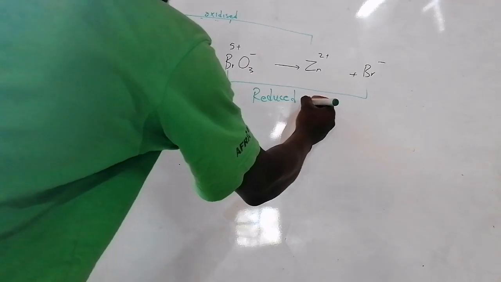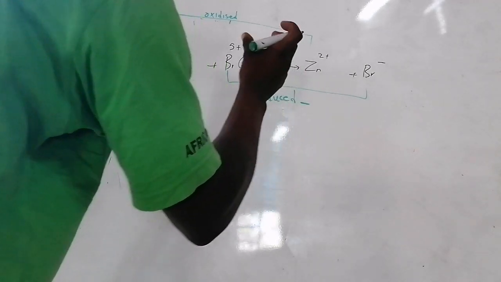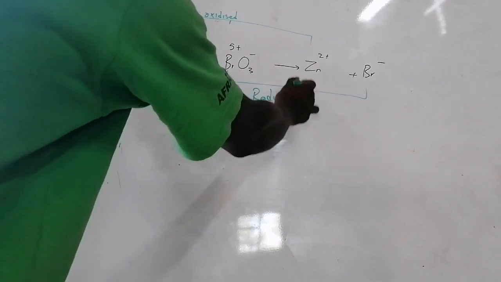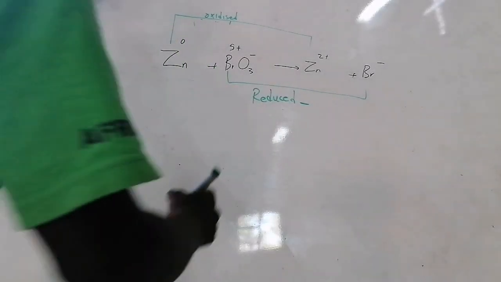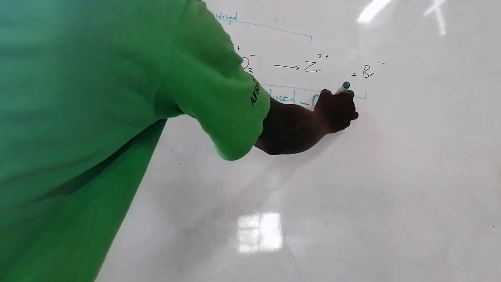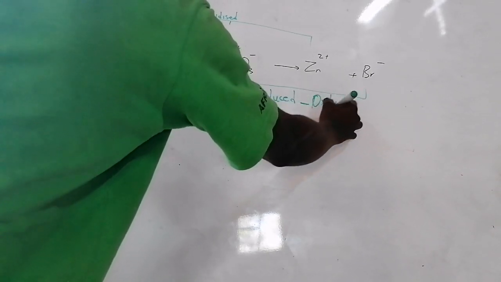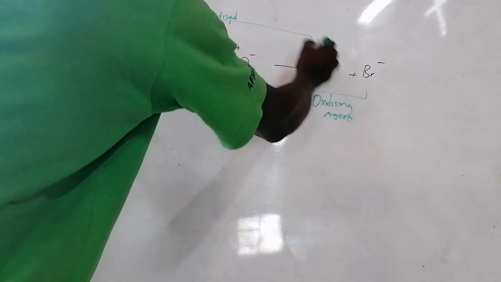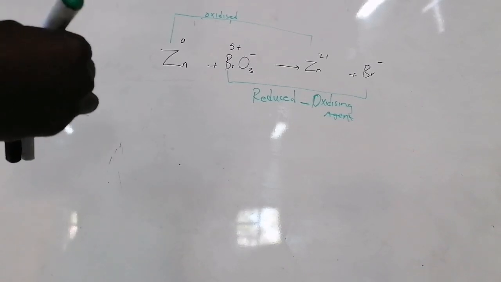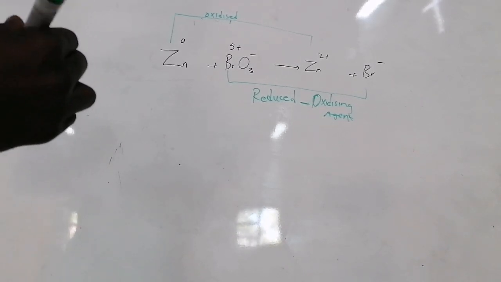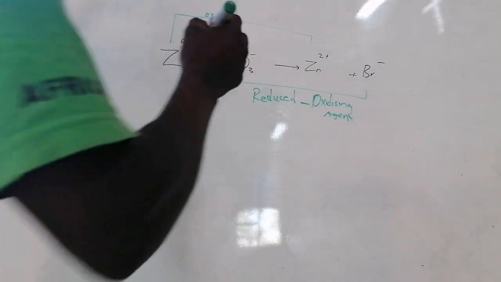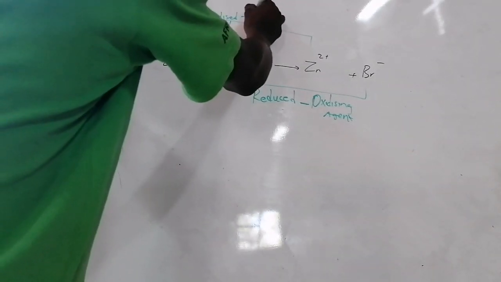So those ones, the way the definition of the oxidizing agent ends, it ends with the term reduced. So these ones are the oxidizing agents, and these ones, since they are oxidized, when we define the reducing agent, we say it is a substance causing the reduction of the other substance and is itself oxidized.